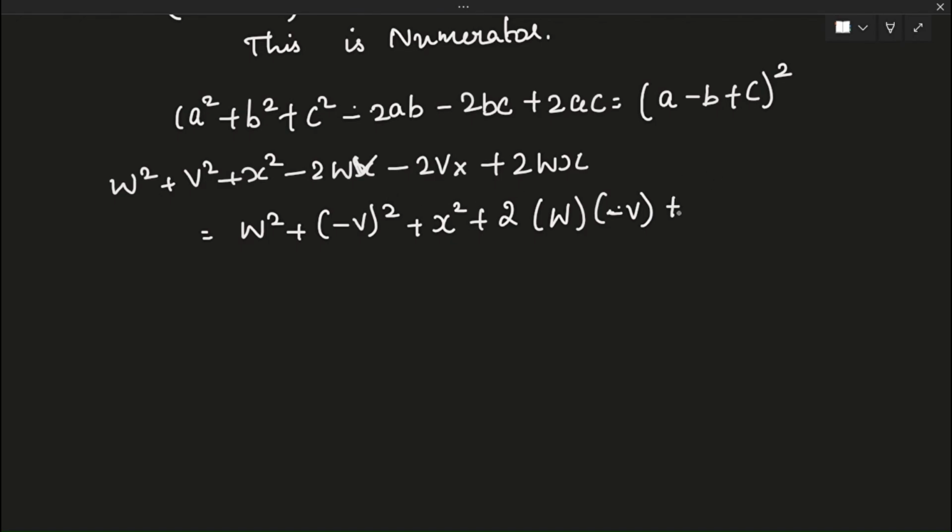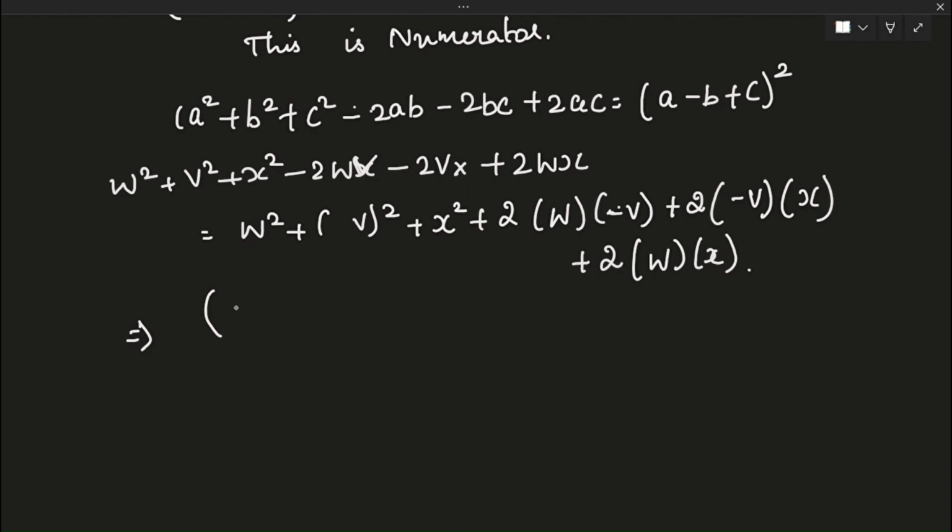Okay, then plus 2 into minus v into x, this is our b, plus 2 into w into x. Okay, now this one we can write as (w minus v plus x) whole square, correct?